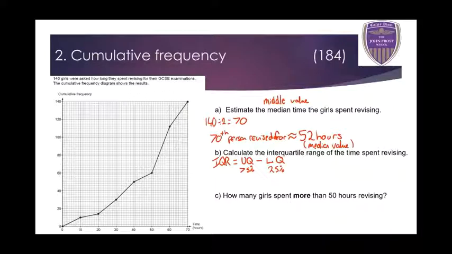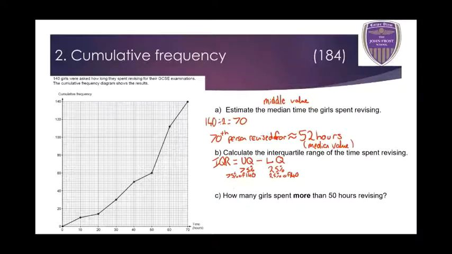And if we've got 140 people, if we want to find what person represents the 75% position, we need to find 75% of 140. And to find the 25% line, we need to find 25% of 140. You can use a calculator, it's just 3/4. So 75% of 140 is 105.